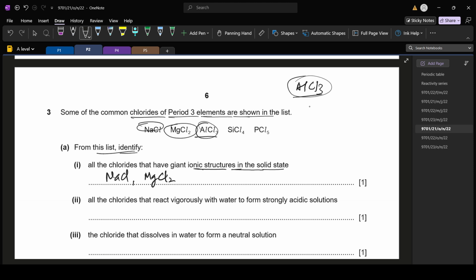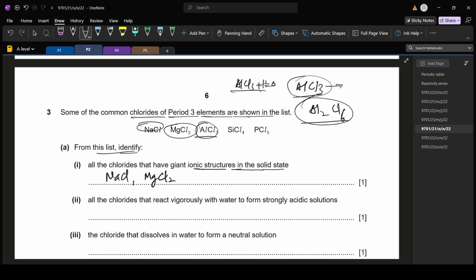And Al2Cl6 is purely covalent. It has some ionic characteristics, but we will consider it a covalent structure. AlCl3 can also react with water, which is further proof of a covalent structure, because ionic solids dissolve in water, they don't react with water.